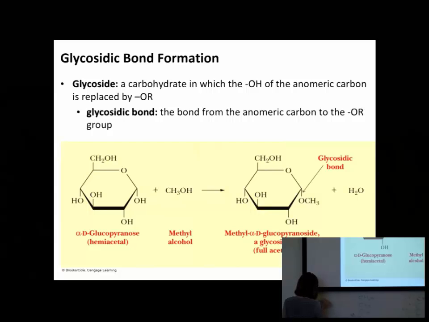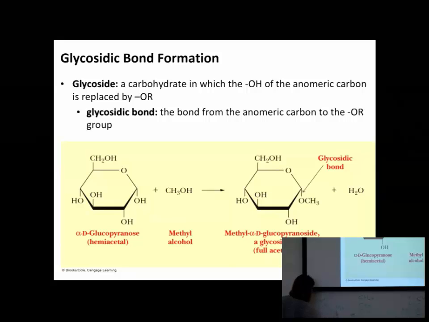This would still be your anomeric carbon. So we can see that if the anomeric carbon is carbon number 2, then there might be a CH2OH there. But this is still a free anomeric carbon, because to find the anomeric carbon, you look for the OH that's attached to it.